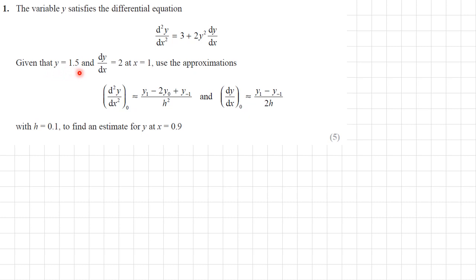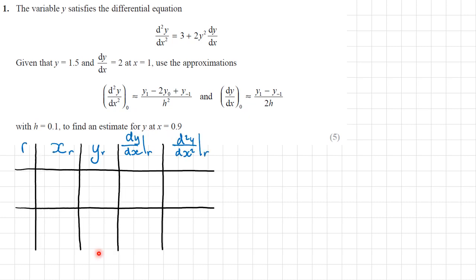Given that y equals 1.5 and dy dx equals 2 and x equals 1, use the approximation d squared y over dx squared 0 is approximately y sub 1 minus 2 y sub 0 plus y sub minus 1 all over h squared, and dy dx 0 is approximately y sub 1 minus y sub minus 1 over 2h. And with h equal to 0.1, find an estimate for y at x equals 0.9.